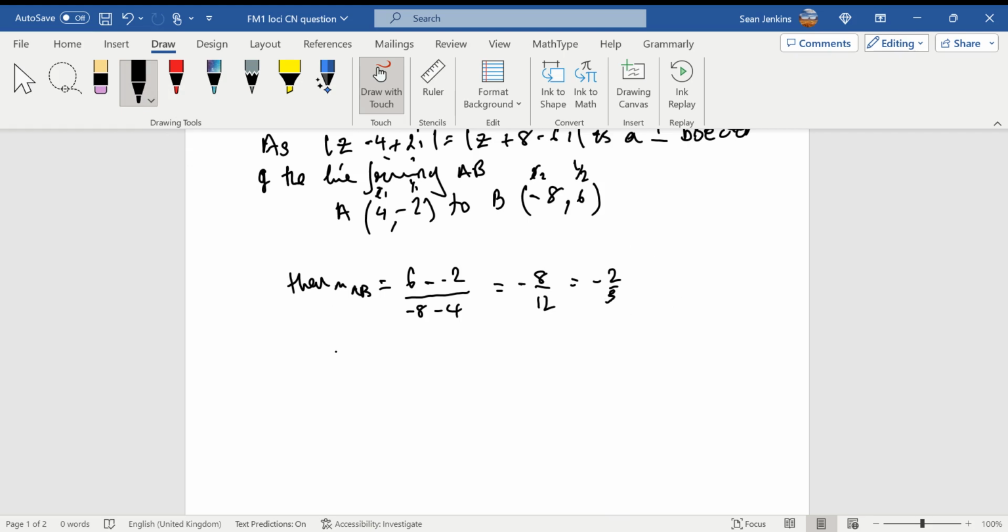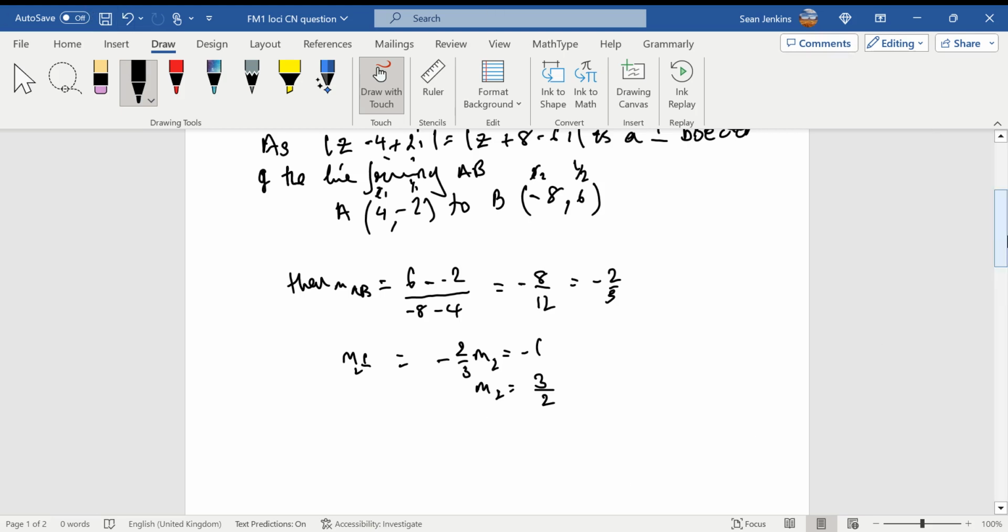So the gradient then of the perpendicular, let's call it m2, times minus 2/3 is equal to minus 1, because m1 m2 is equal to minus 1, which means that m2, the gradient of the perpendicular line, will be minus 1 over minus 2/3, which is positive 3 over 2. So we have the slope of the two lines.